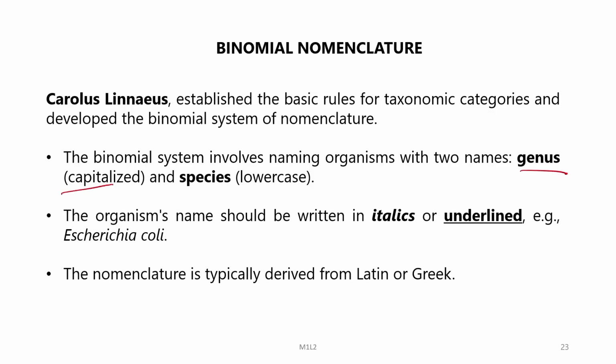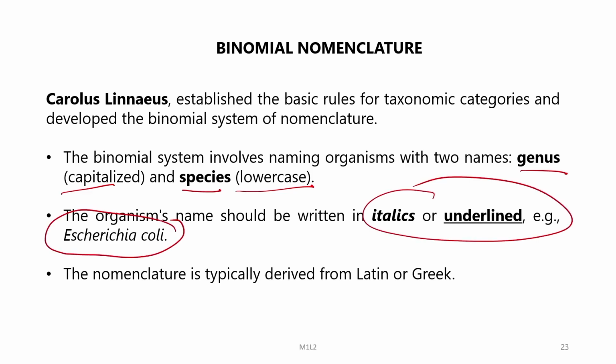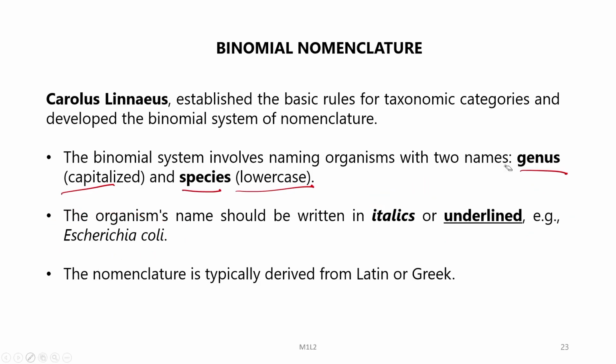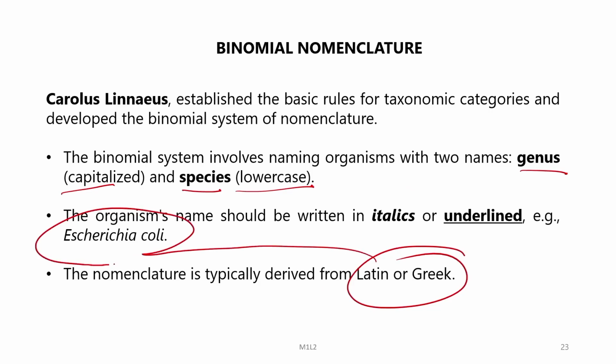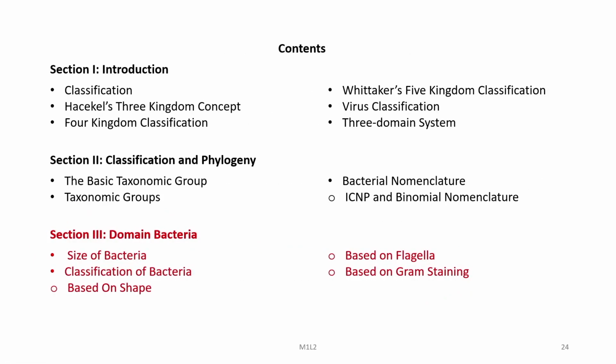The first is the genus, capitalized, and the second is the species, in lower case, and the organism's name should be written in italics or underlined, for example Escherichia coli. The nomenclature is typically derived from Latin or Greek. For example, the name Escherichia coli is derived from these languages.